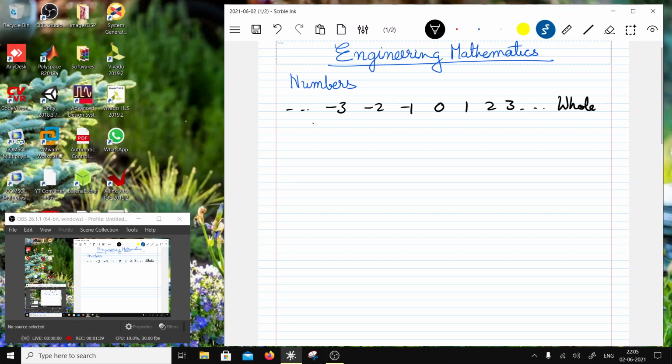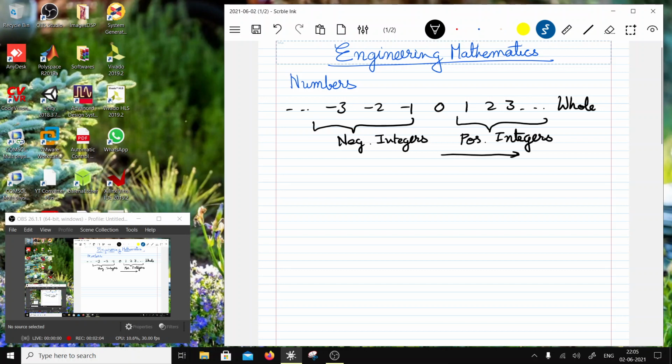They have negative integers, and then you have positive integers. And then you have 0, which is neither negative nor positive. Now anything which is greater than 0, not including 0, is called natural numbers.